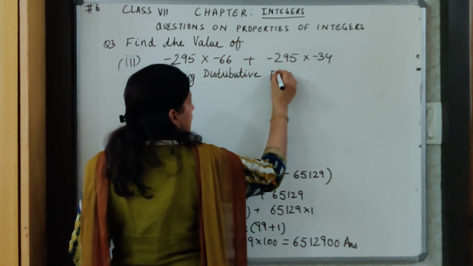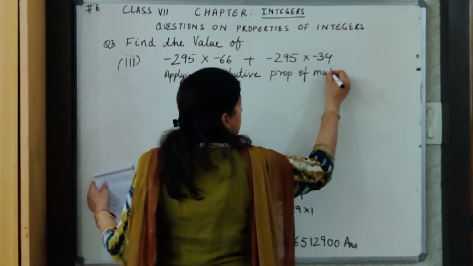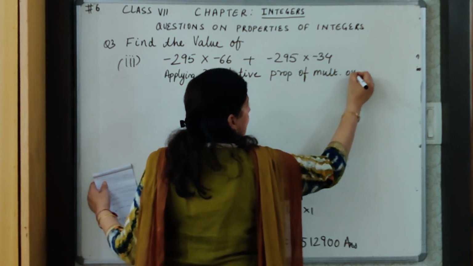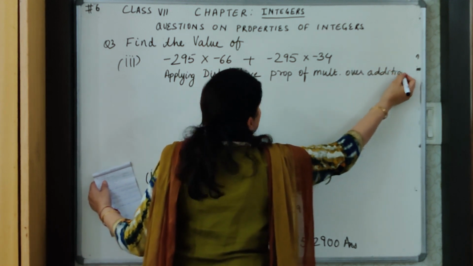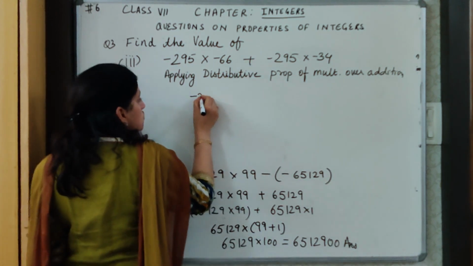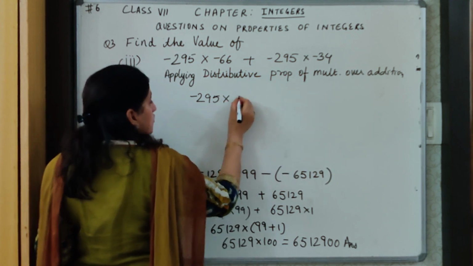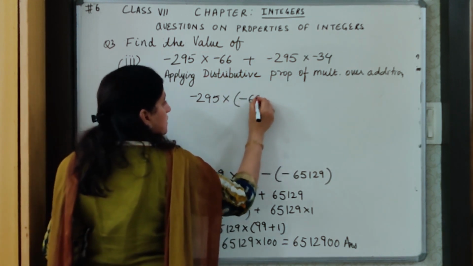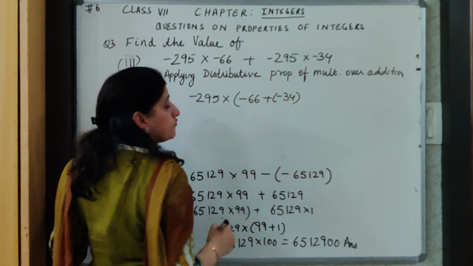Applying distributive property of multiplication over addition. This is addition because we have a plus sign here in the middle. Now minus 295 is common. Then we have the multiply sign common, and I get minus 66 plus minus 34.